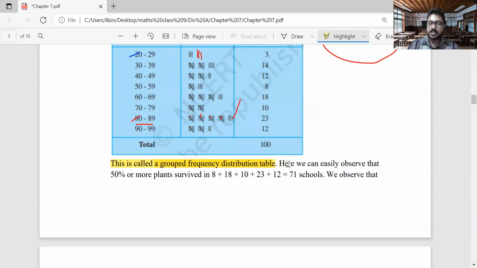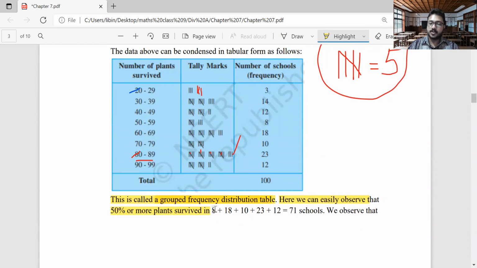Now we can easily observe that 50% or more plants survived in how many schools? Look, we can add it. 8 plus 18 plus 10 plus 23 plus 12, which is equal to 71 schools. You can infer this only from this table, just by adding the frequencies from this section onwards.